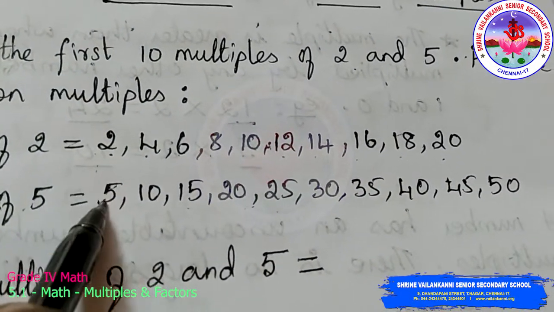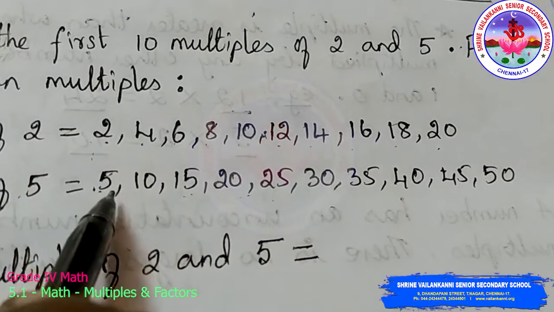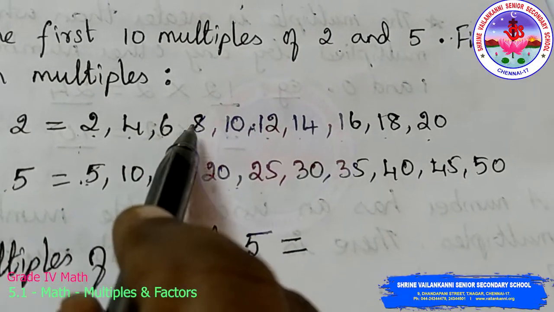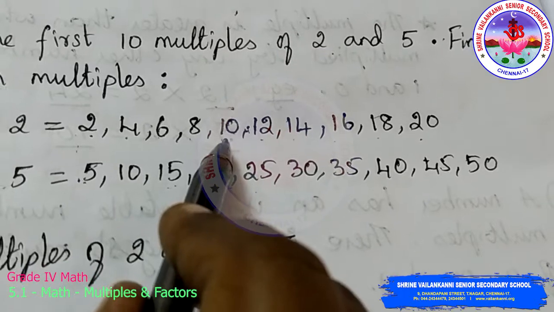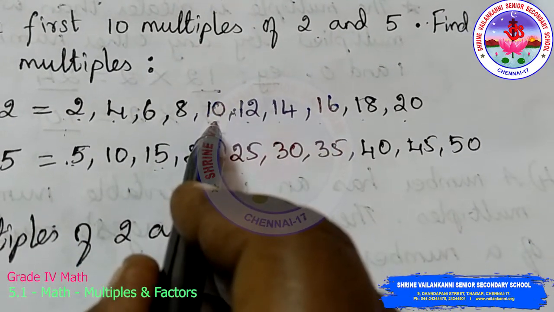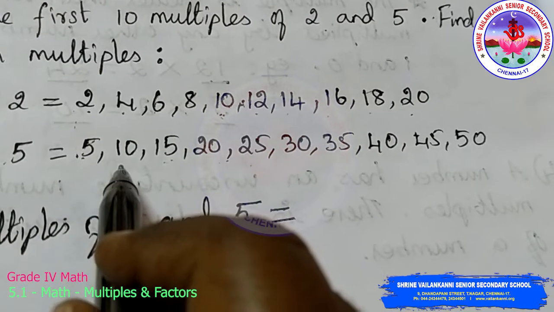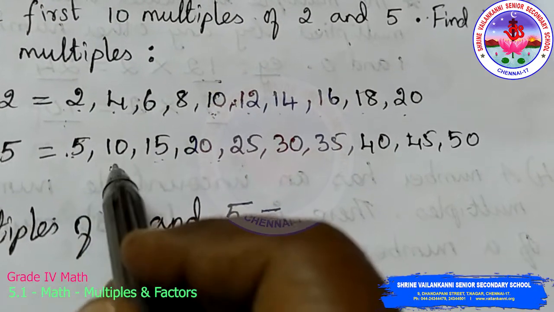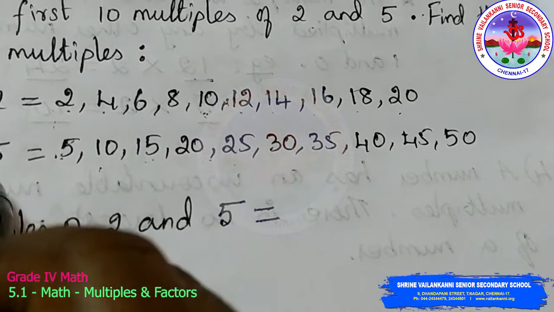2, here it is not there. 4, it is not here. 6, no. 8, no. 10. If you take 10, in the 2 table we have 10, and in the 5 table also we have 10. Table in the sense multiples of 2 and multiples of 5.